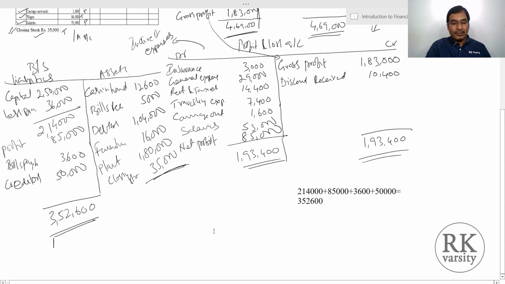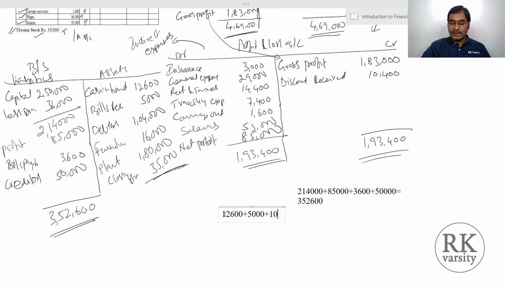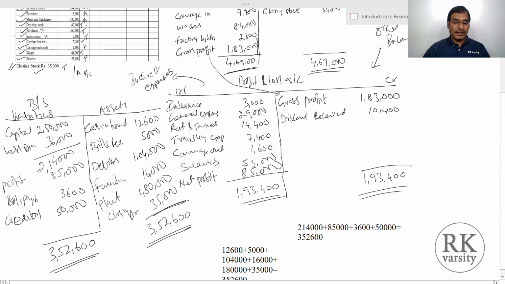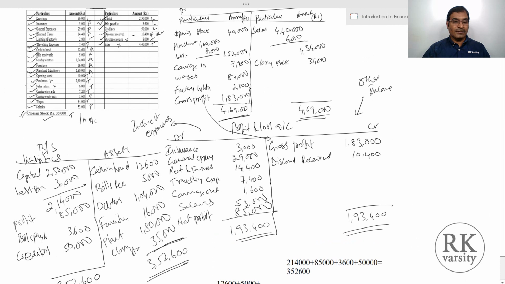Then we look at our asset side, 12,600 plus 5,000 plus 1,04,000 plus 16,000 plus 1,80,000 plus 35,000. So 3,52,600. So we are lucky that our balance sheet tallied without much difficulty.